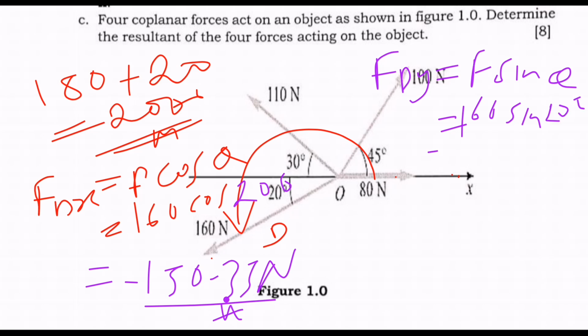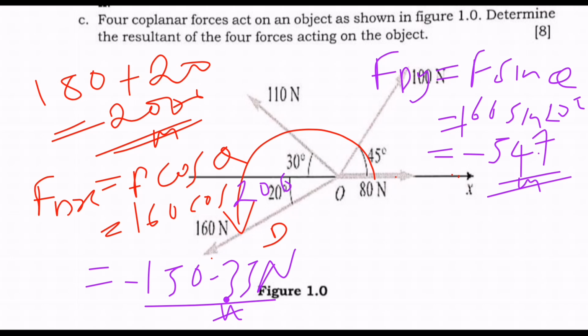So when you do that, what are you going to have? You are going to have negative 54.772. Yes, so that is what you are going to have. Now that is our FD1.